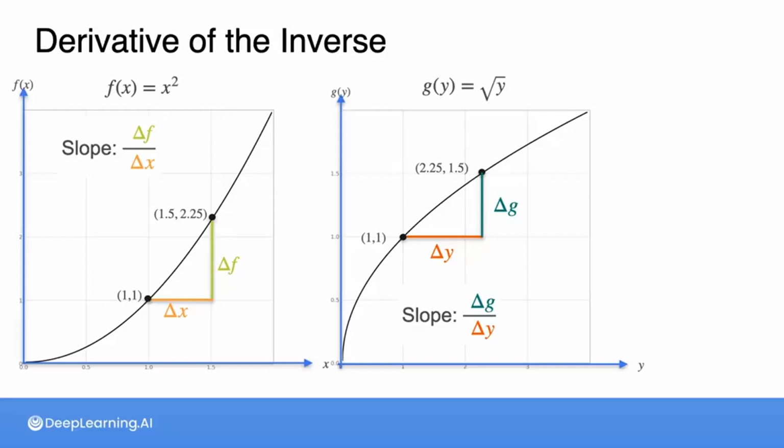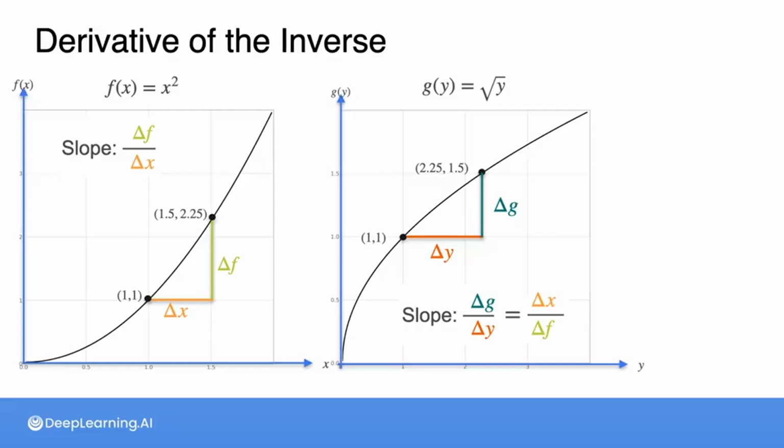However, these plots are a reflection of the other. So any horizontal distance on the left is equal to the vertical distance on the right and vice versa. In other words, this delta g is the same as this delta x, and this delta y is the same as this delta f. So the slope delta g over delta y is the same as delta x over delta f.